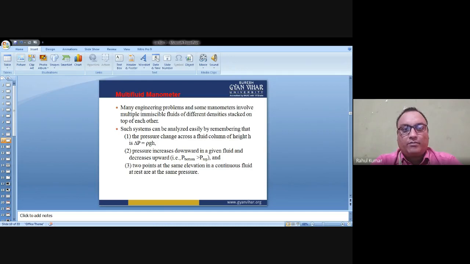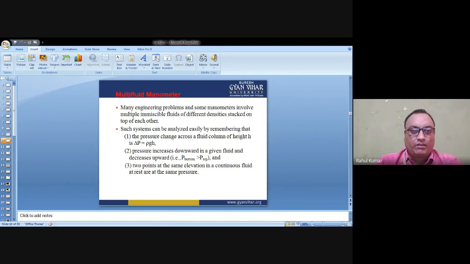Many engineering problems and some manometers involve multiple immiscible fluids of different densities stacked on top of each other. Means some fluids have different characteristics.